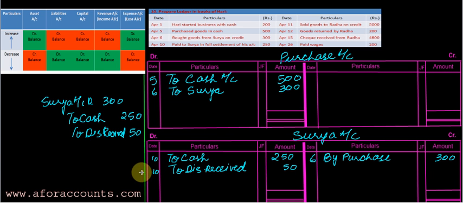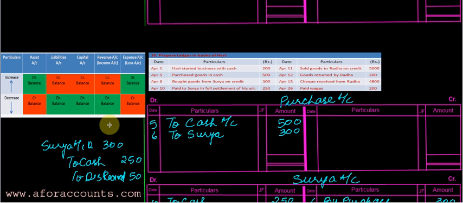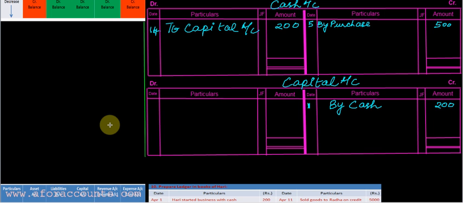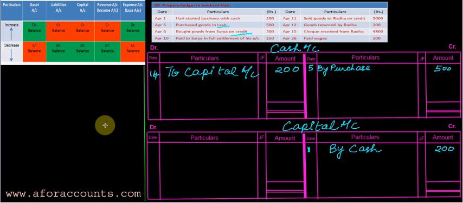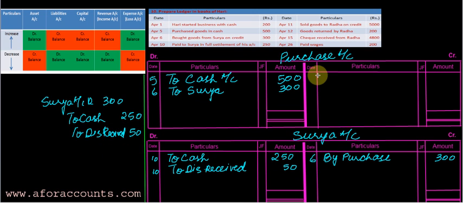Okay. In cash account, what will I do? Let's move on to cash account. Surya to cash 250. So I will write here by Surya 250. The date is 10th. And now what about the discount? Surya to discount received is 50.